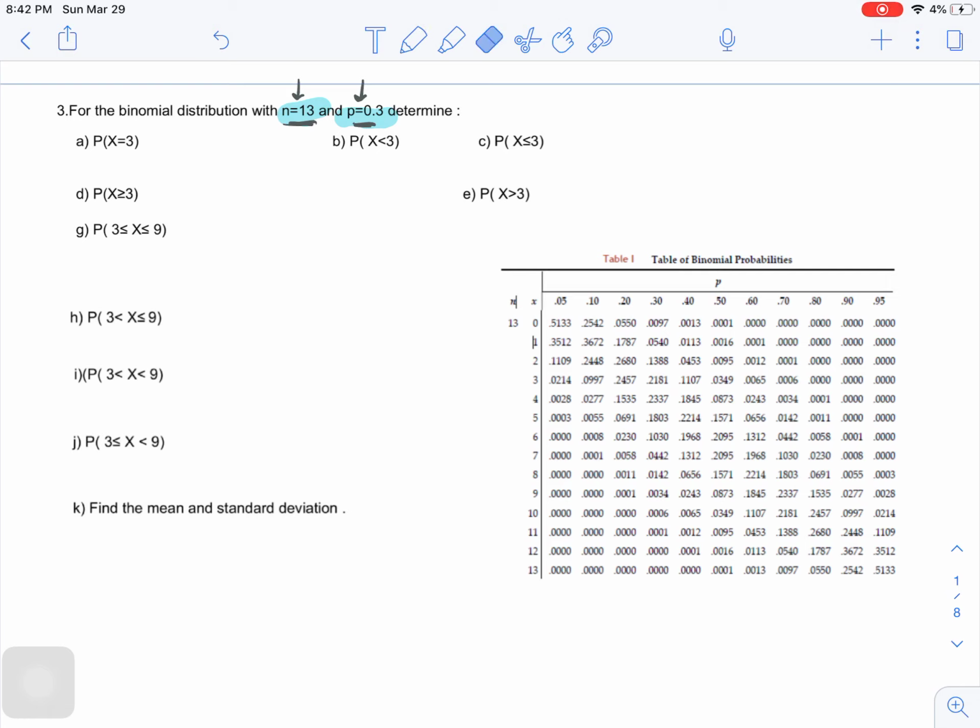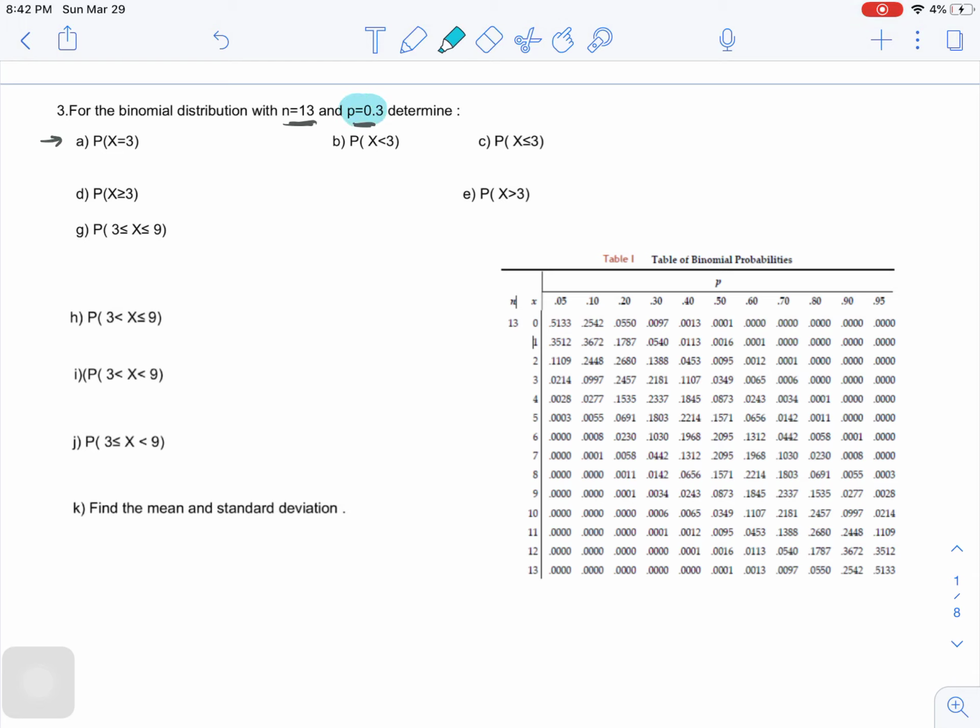Okay, so part A, we want to find the probability that x equals 3. So I'm going to show you how to use a binomial table. So the first thing that we want to do is make sure that our n is the correct value. We're working with a distribution that has n equals 13, so we want to make sure that our table also corresponds to n equals 13, which it does.